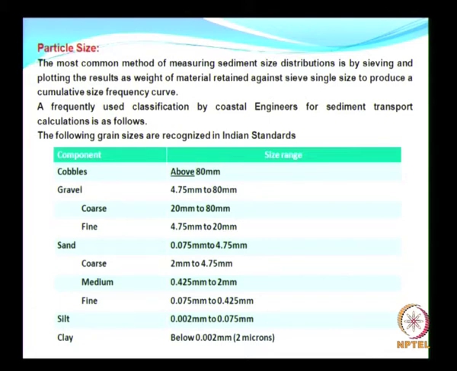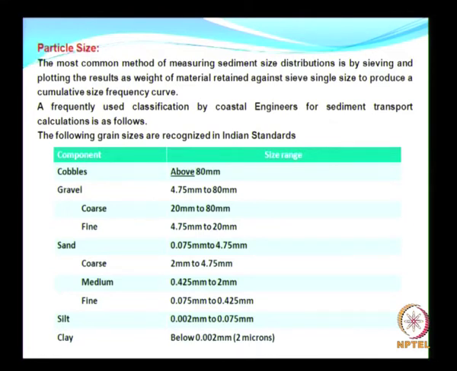Now sand is generally found to vary between 0.075 millimeters and 4.75 millimeters, and then we term it as sand, under which you have a further classification, namely coarse, medium and fine. This classification depends on the range of the size of the sediments as given in this slide, fine to coarse.